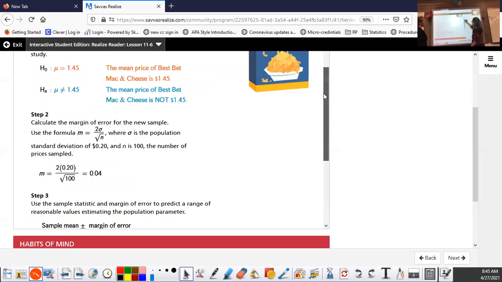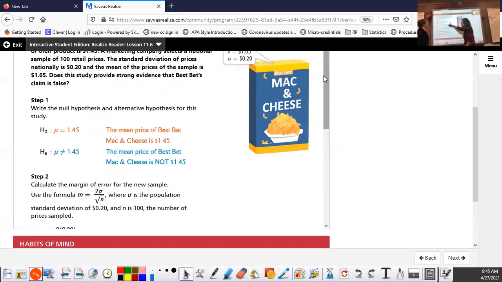The null hypothesis was that the mean price is what they said. In other words, no changes necessary. When they sampled, the margin of error was within 4 cents, but they're 20 cents off, and so they have to reject their hypothesis, the null hypothesis.